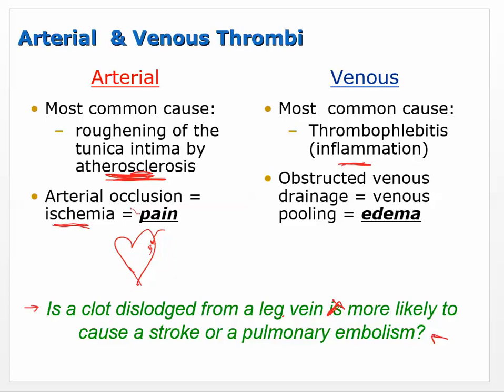So if you trace the pathway from the leg and back up to the right side of the heart, and then to the lungs, it's going to be more likely to cause a pulmonary embolism.